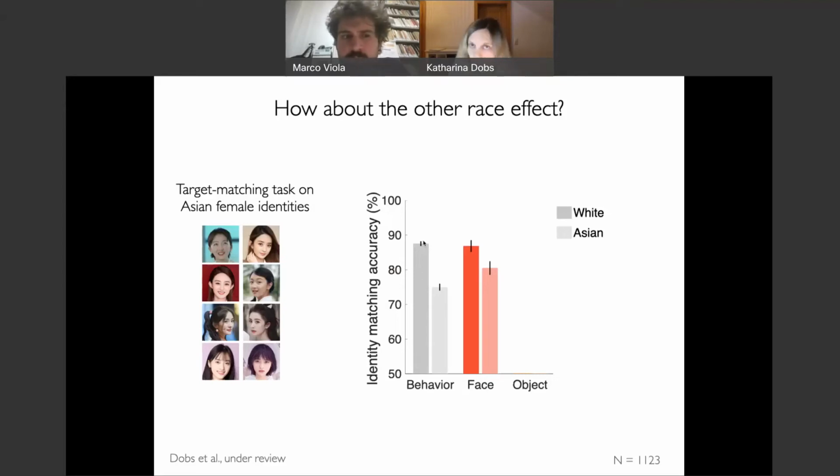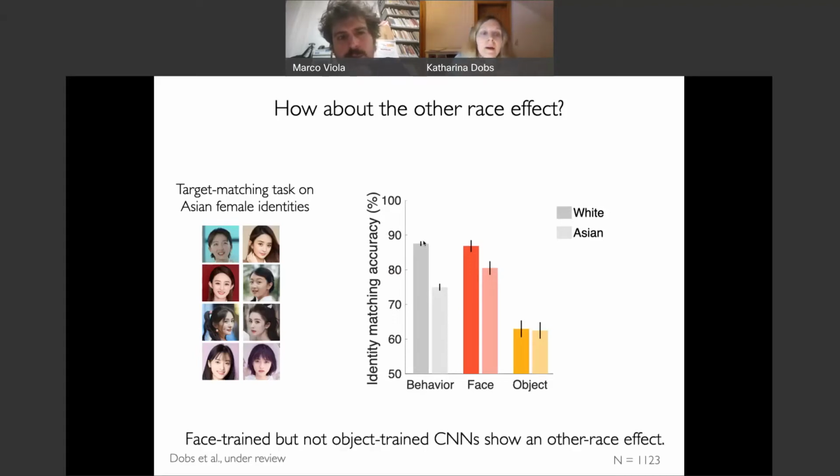They definitely have different genders and ages and so on, but not so much variation in race. They're overwhelmingly white. When we look at the object CNN, we again find that there's no difference. And that's interesting in particular because the object CNN's images contain faces and they have the same biases, but it seems like it doesn't really matter for the performance here. So the face trained but not the object trained CNN shows an other race effect.